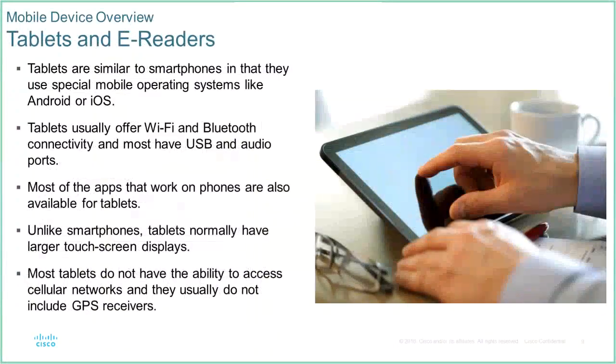Tablets and e-readers. Now, this covers our iPads and other devices like that. I have a Kindle, an old Amazon Kindle. It's a huge one, and that was a DX one.